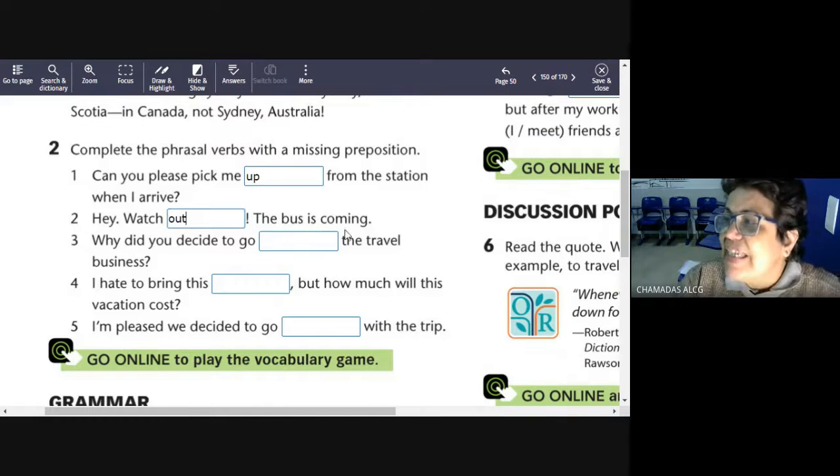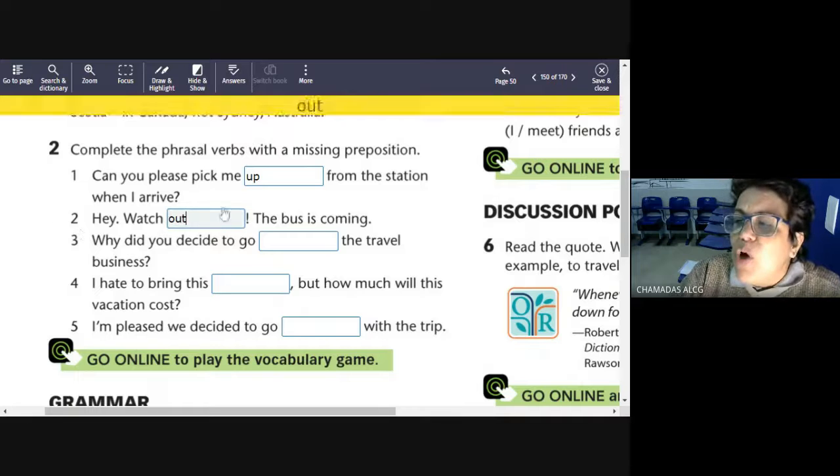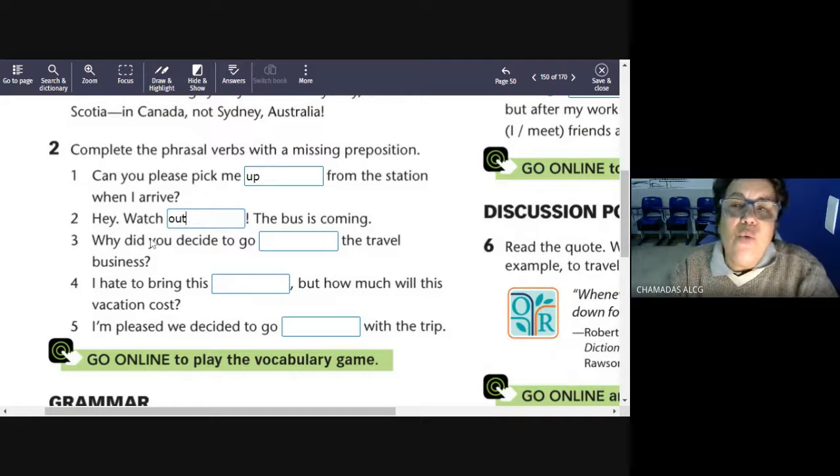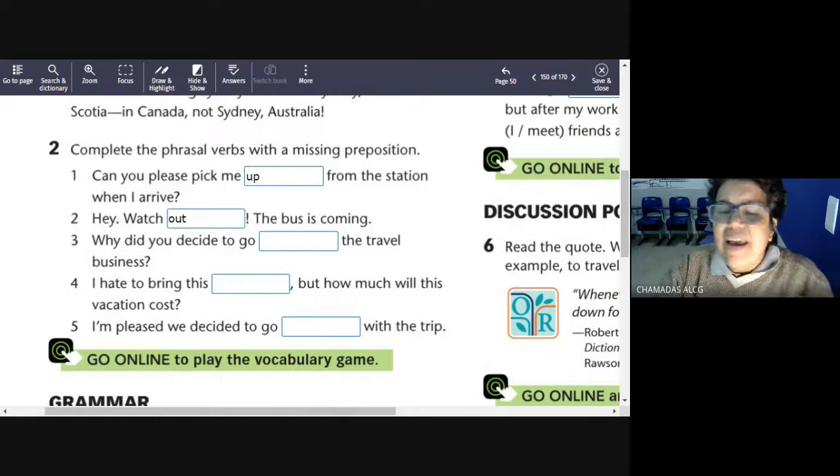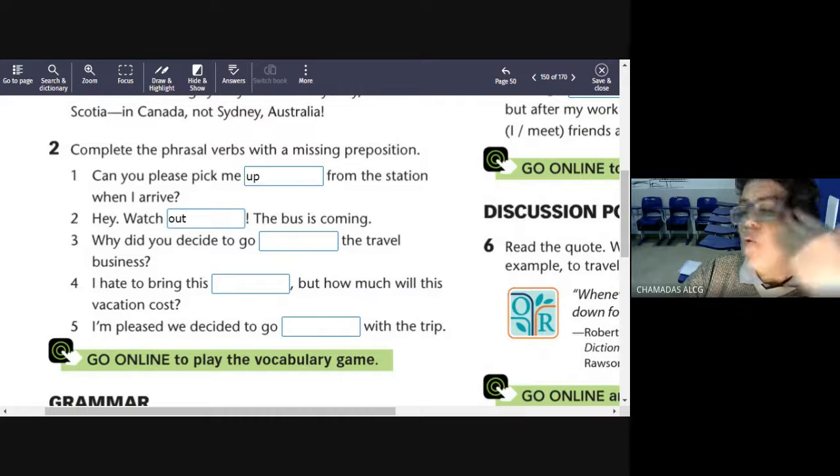The bus is coming. So watch out is when you want to alert the other person of a probable danger, right? So you want to call the person's attention to something that is risky. You say, hey, watch out, a car is coming, or the bus is coming.